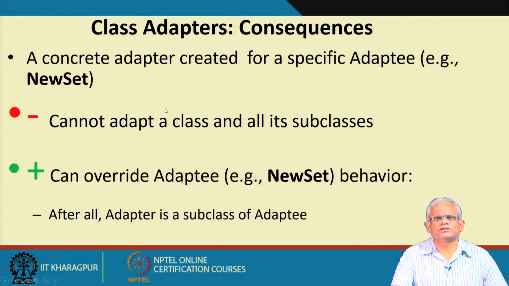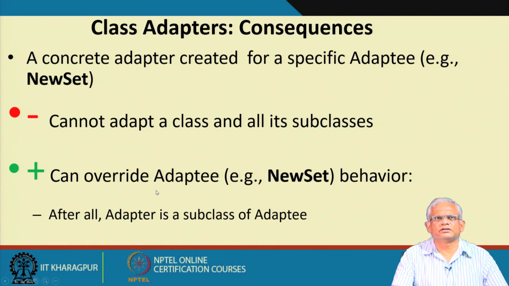The adapter makes two incompatible classes work. In the class adapter, a concrete adapter class is created. It cannot adapt a class and all its subclasses, that is, we cannot have a universal adapter realized by class adapters.